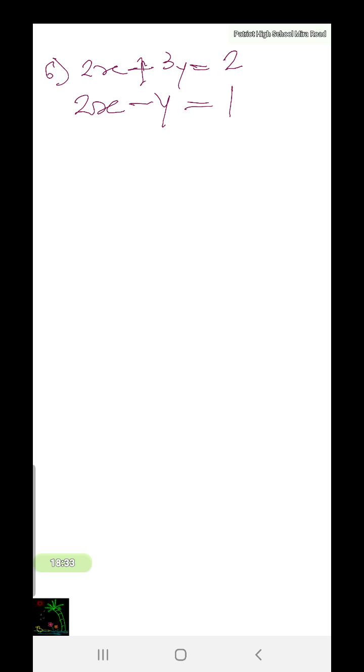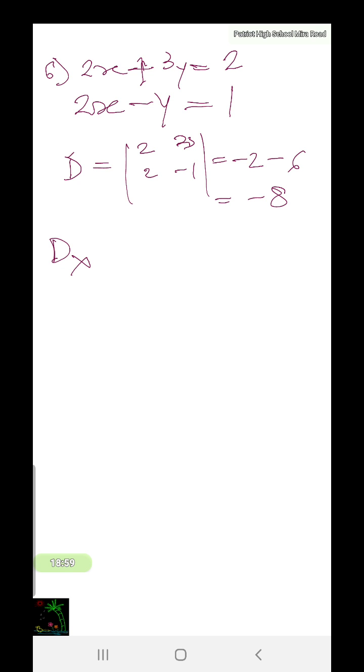These are the two equations. So the value of D is equal to 2, 2 in the first column and the second column 3, minus 1. So it will be minus 2 minus 6, which is minus 8.